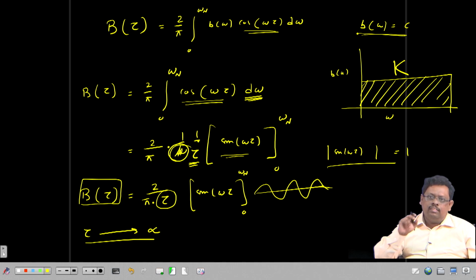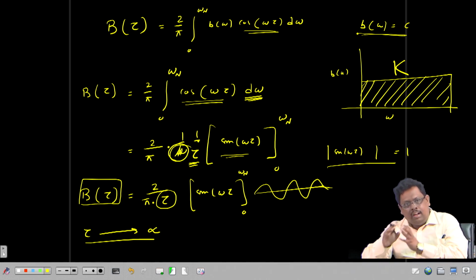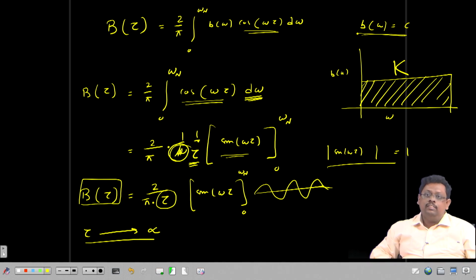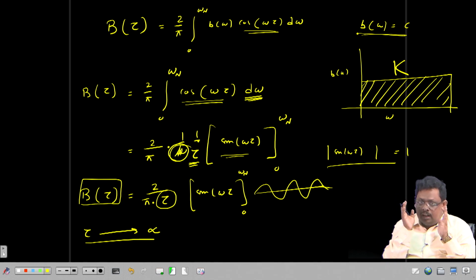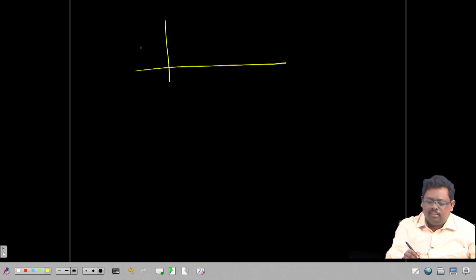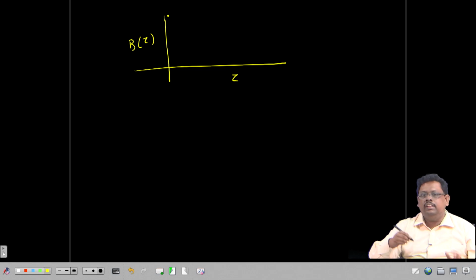And when tau goes to infinity, then b tau comes down to 0. So we need to keep these things in our mind, that the nature of b tau versus tau should start with some constant value, because at tau equal to 0 I am doing the integration, the area under the curve.